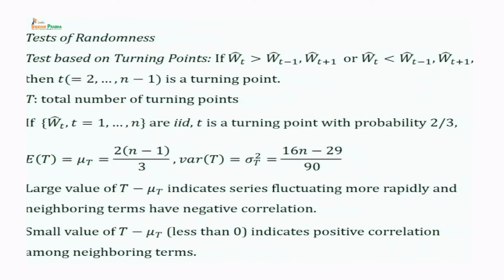Now, how do we define a turning point? If w hat t is greater than both w hat t minus 1 and w hat t plus 1, means this is your w hat t and this point is w hat t minus 1 and this point is w hat t plus 1. So, it is greater than both, then this is a turning point.